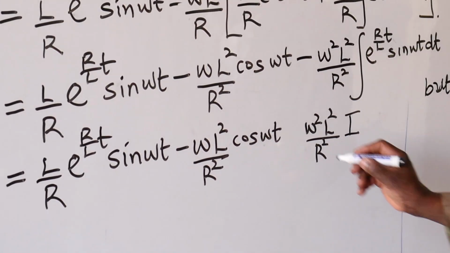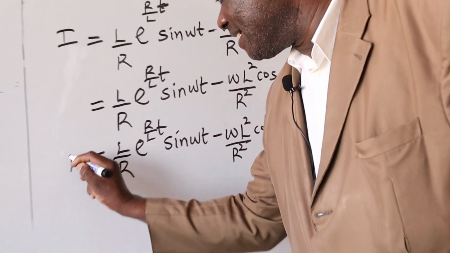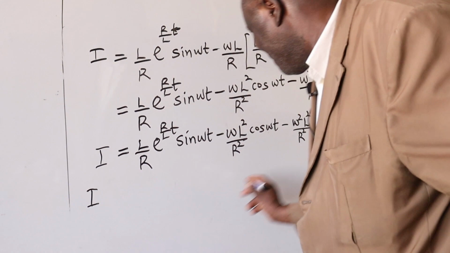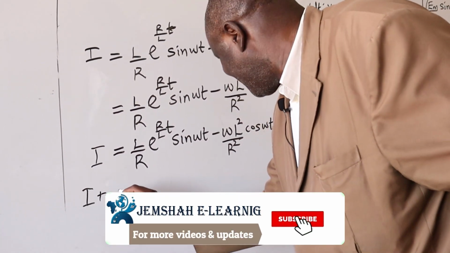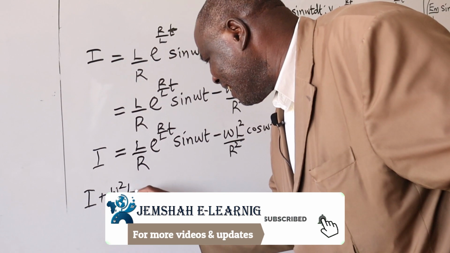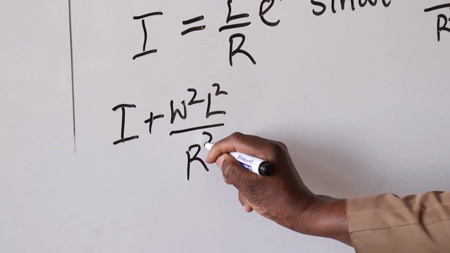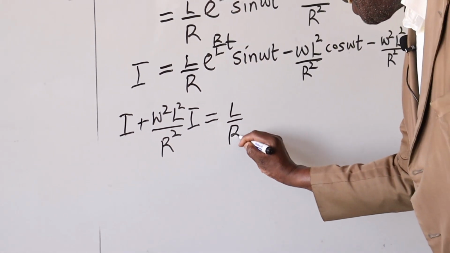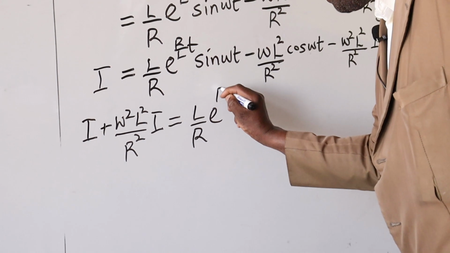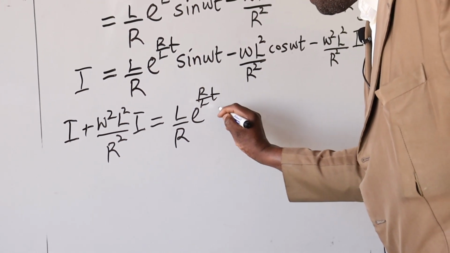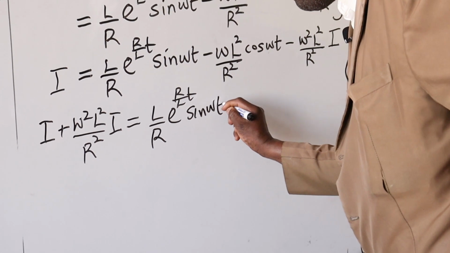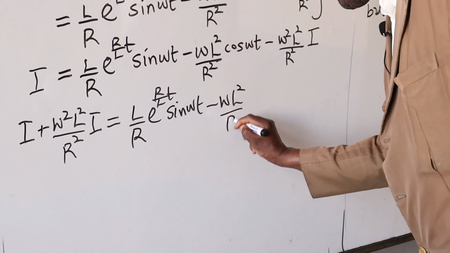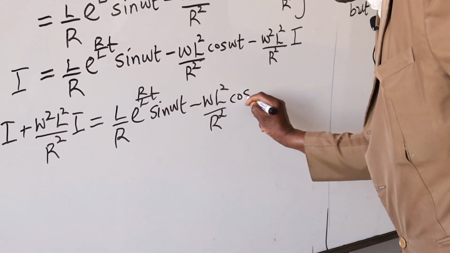So collecting terms with I together, we say I. We bring this one to this side, it will be plus omega squared L squared all over R squared multiplying I, which will be equal to L all over R exponential R all over L t sine omega t minus omega L squared all over R squared multiplying cos omega t.